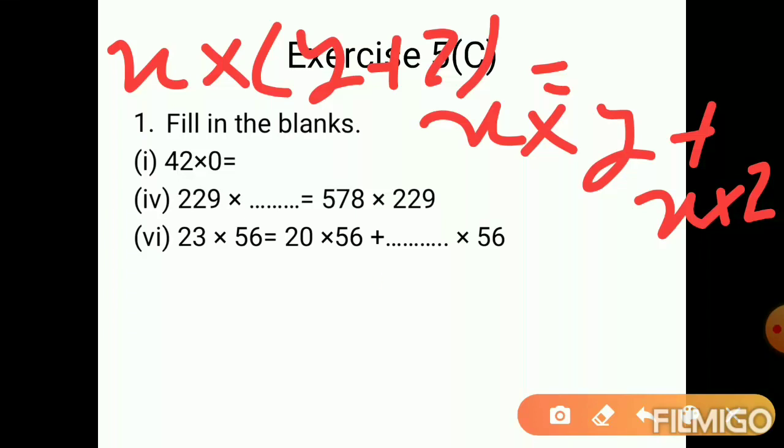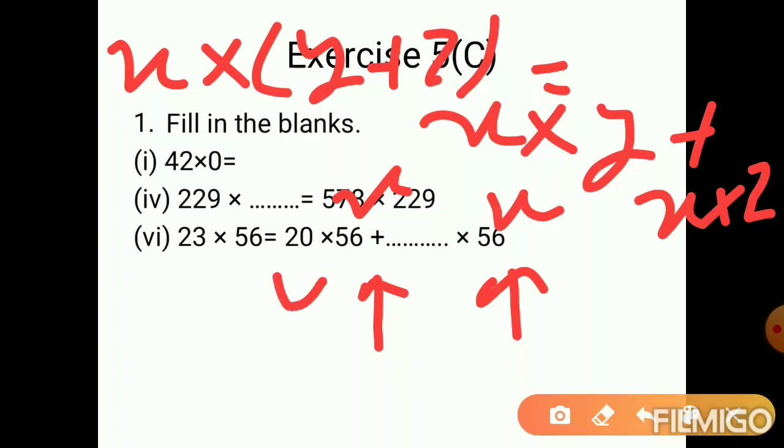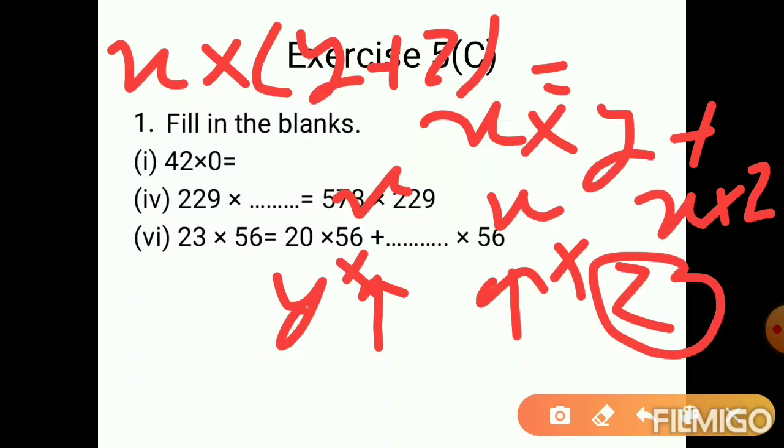So here we have two values the same, 56 and 56. These are the value of x, and it is y into x, and it is z into x. So we have to find the value of this z.